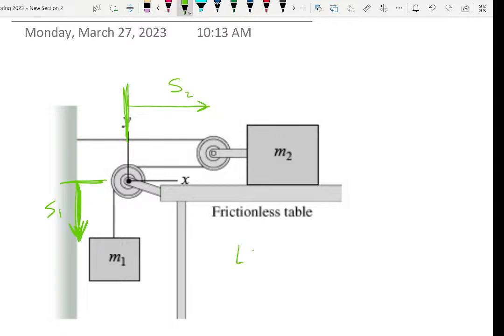And then the length of the rope is equal to all these little sections here. These sections, which I'll just call a delta, plus this and this, which is 2S2, plus this distance, which is S1.